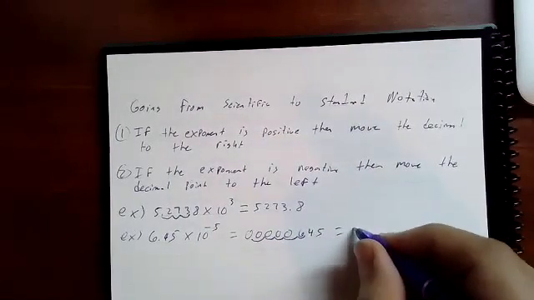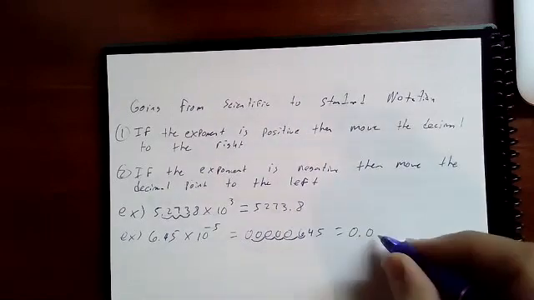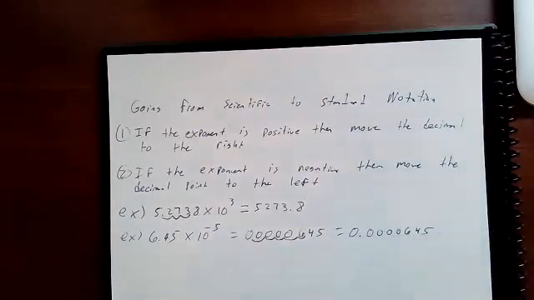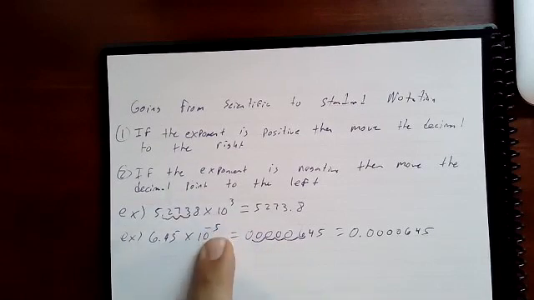The new number is 0.0, it's 4 zeros, 6, 4, 5. So going the other direction, you just have to add some zeros. Usually if you have negative 5, then add 5 zeros. That should cover you.